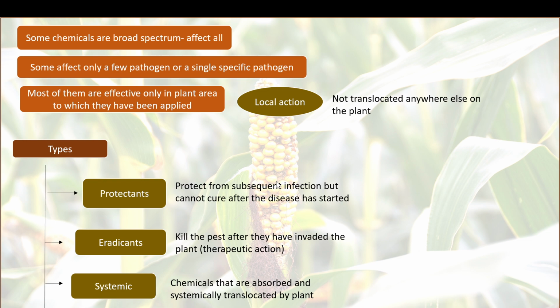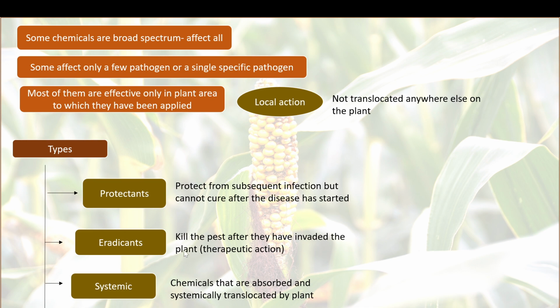It will not allow infection to happen further, but what has already gone inside, protectants cannot help. The second type is eradicants. What do eradicants do? As the name suggests, they kill the pest after it has invaded the plant. Now the thief has entered the house, so the eradicants help in removing and killing that thief.